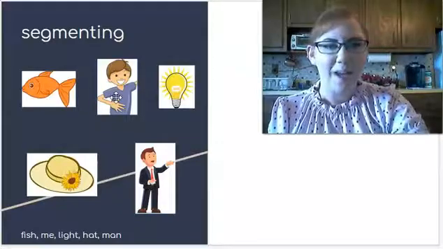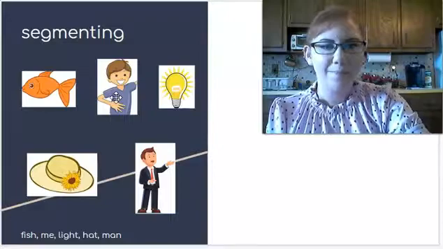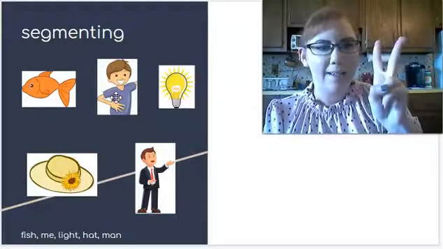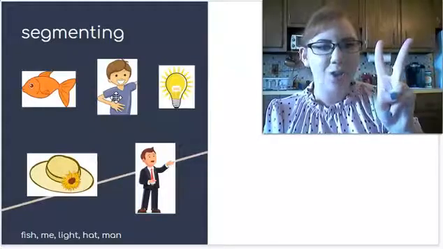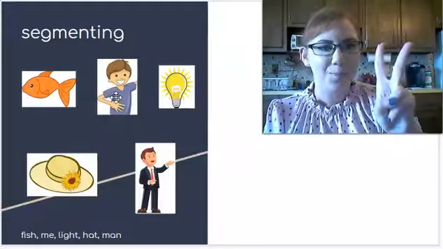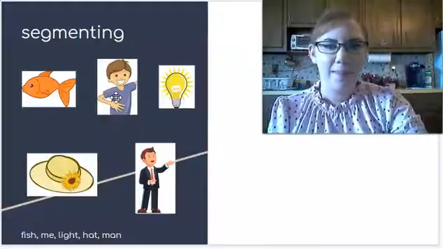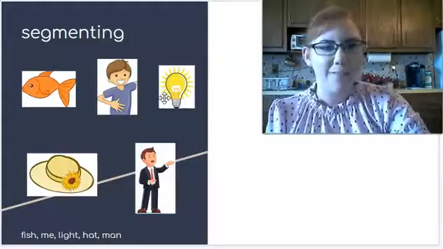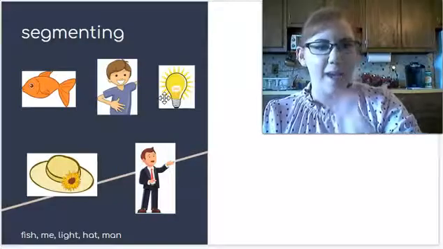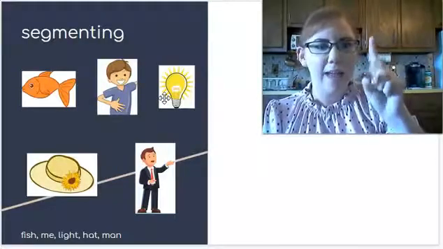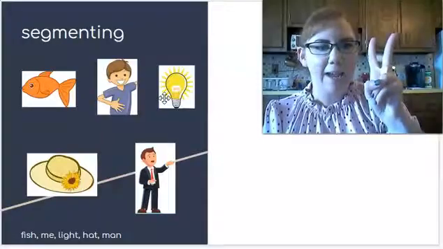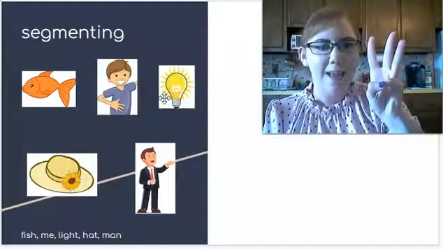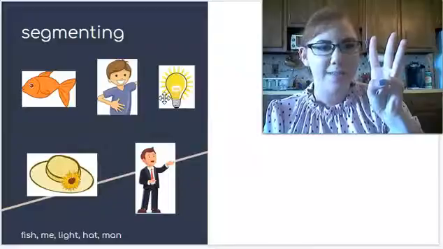For the next one, me. Me has 2 sounds. Our next picture is a light. How many sounds does light have? Light has 3 sounds.